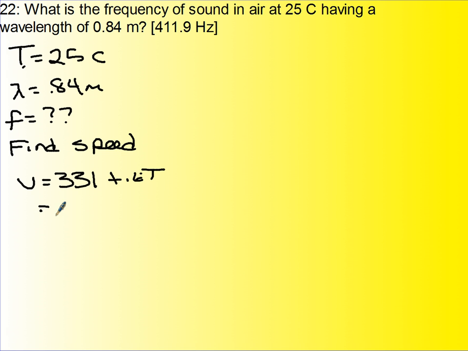So this is 331 plus 0.6 times 25. Remember your first step? You have to multiply 0.6 times 25 first, which is 15. Now you add 331 plus 15, and you get 346.